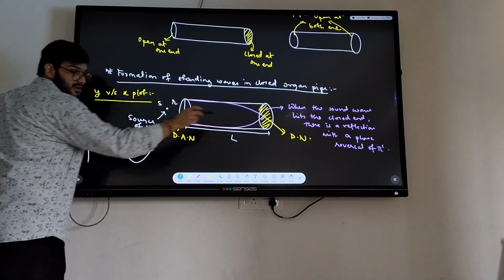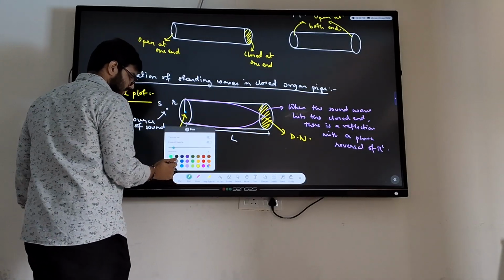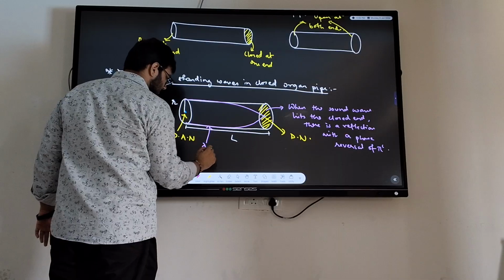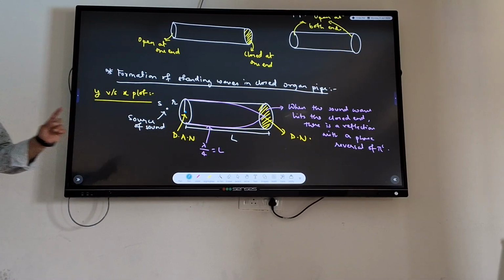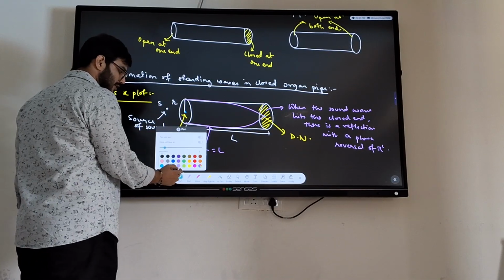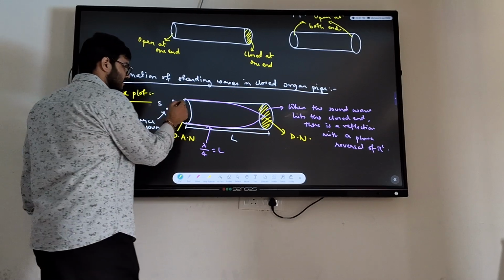This is what I have drawn. So that will be lambda by 4, and lambda by 4 is equal to L. This is one possible wave. Let me make some other possibilities, and you make them in new diagrams. Don't make the cluster like me.